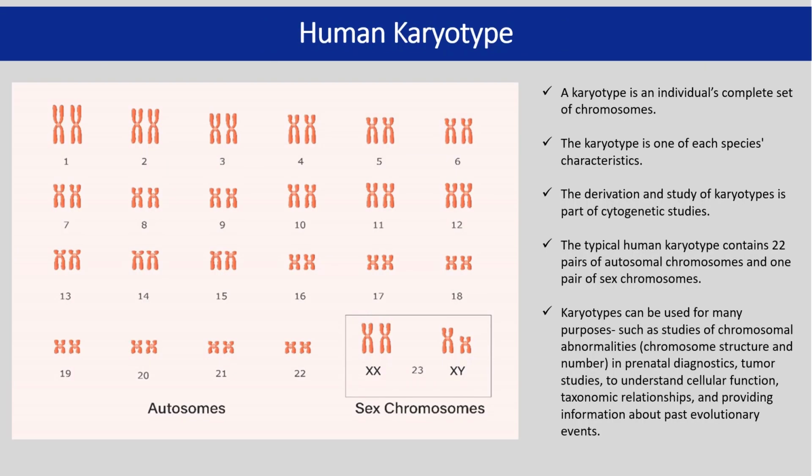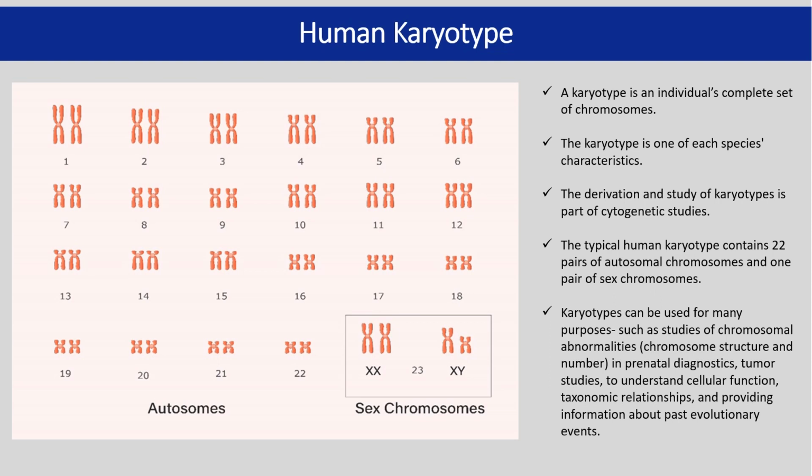Here we represent the human karyotype. A karyotype is an individual's complete set of chromosomes. The karyotype is very specific for every species. Humans typically contain 22 pairs of autosomes and one pair of sex chromosomes.